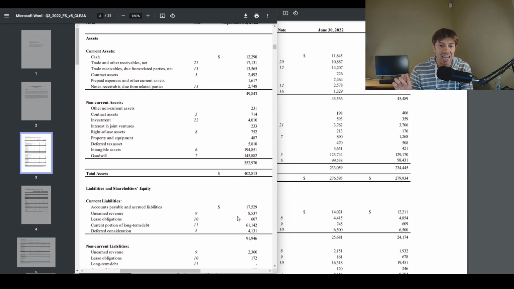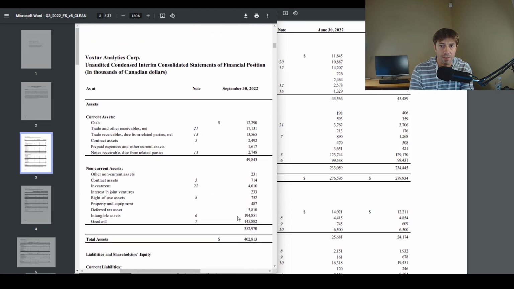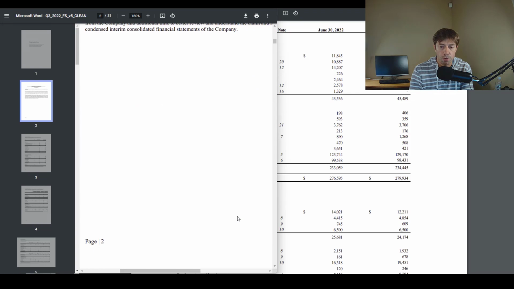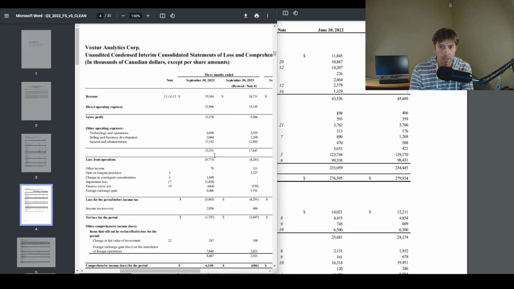But in this case, for some reason, that amount increased, but it wasn't recognized. Okay? Now, if that amount was recognized, then instead of revenues for the quarter being about 35.5 million, it would have been 40 million.